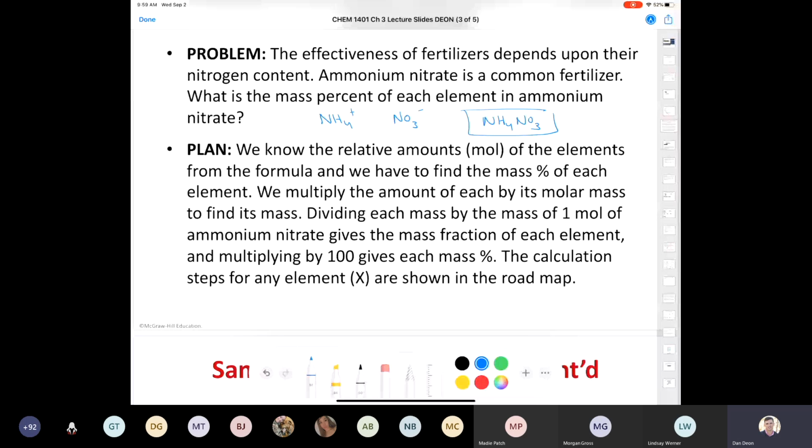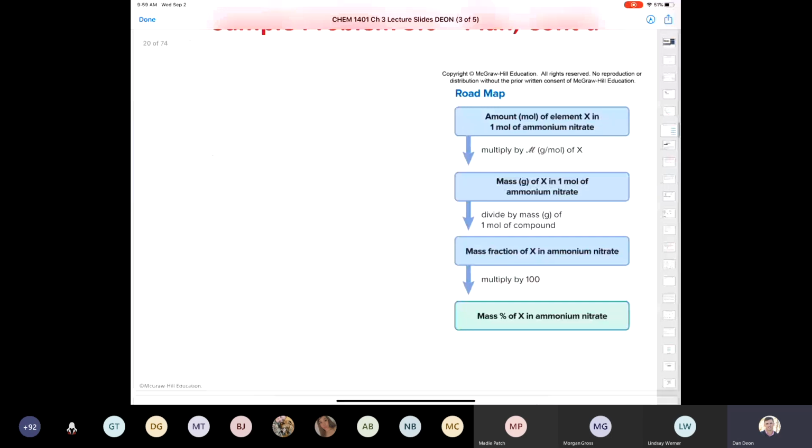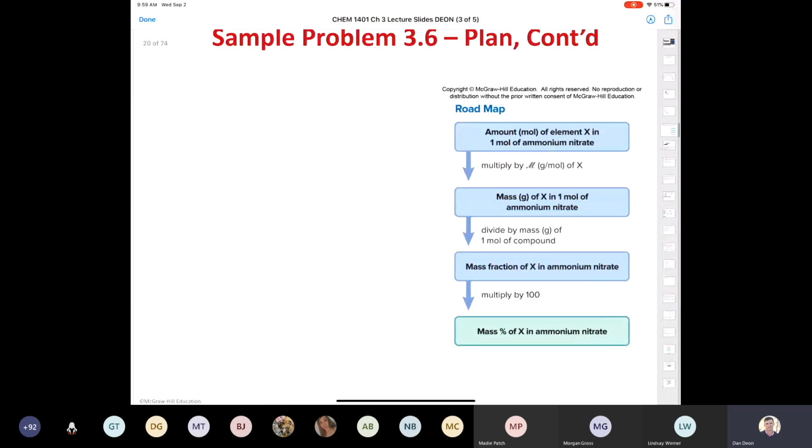What's the mass percentage of each element in ammonium nitrate? Well, let's do a couple of them anyhow. The first thing we should do is figure out the formula mass of ammonium nitrate. I'm not going to show you all the math. I've already done that in my notes.